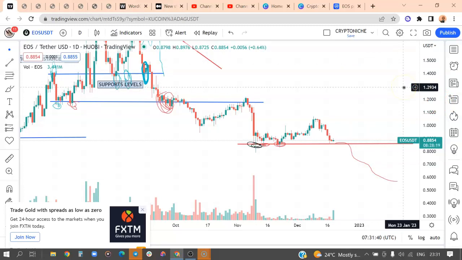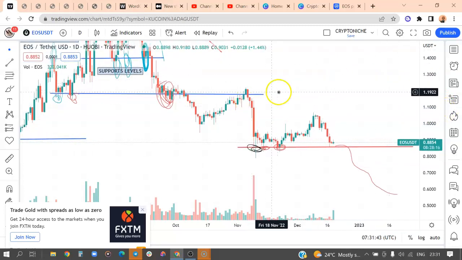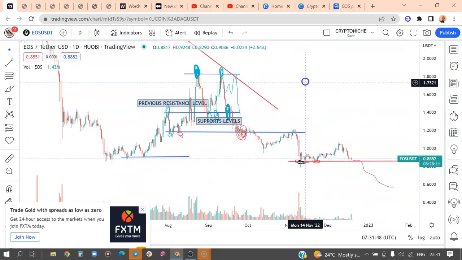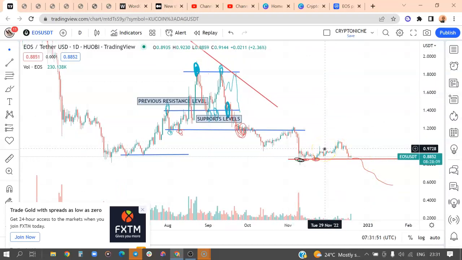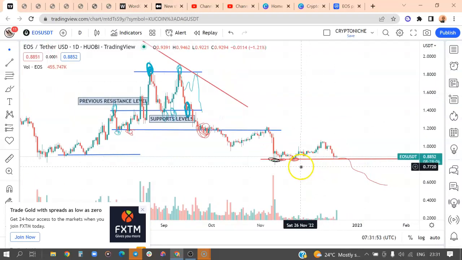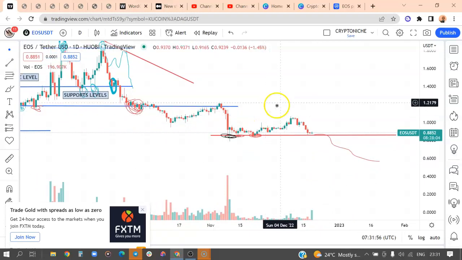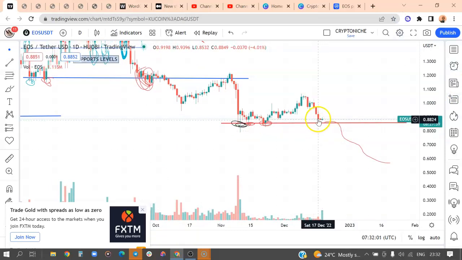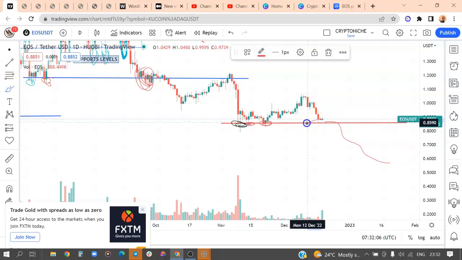Because the historical support since that time has been around here, what's going to happen? It is finding it extremely difficult to break that support. It's been tested like 4 times. This is the fourth time this has been tested, which is a rare situation on this chart.